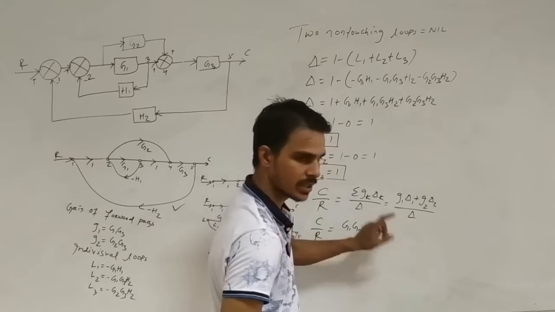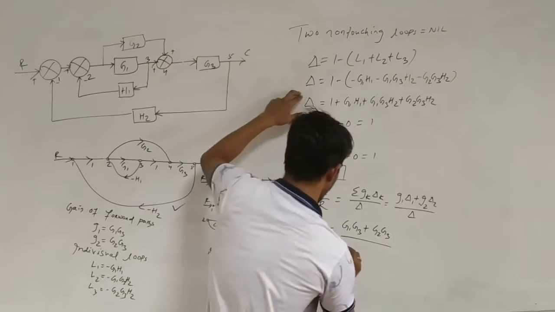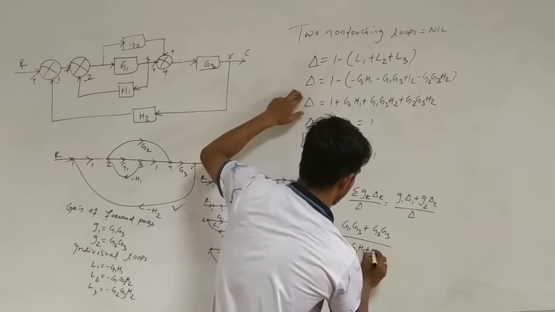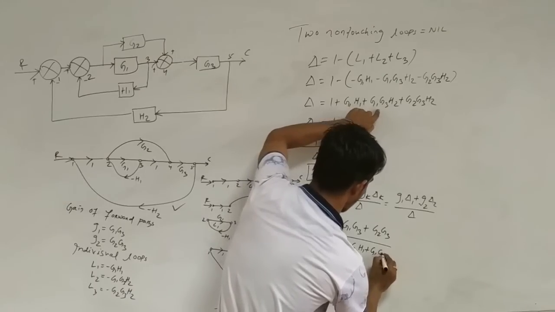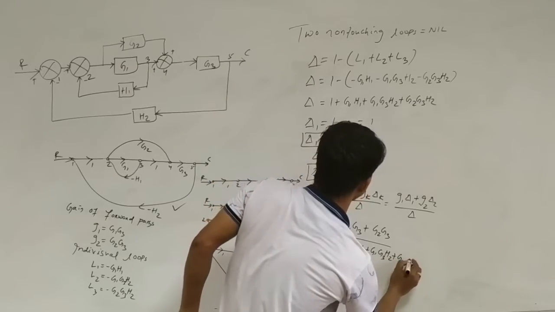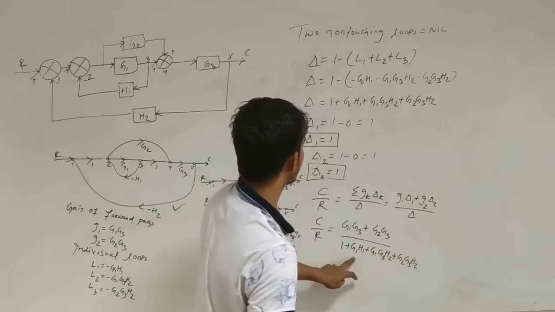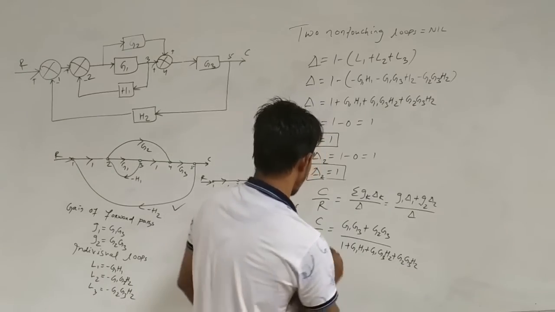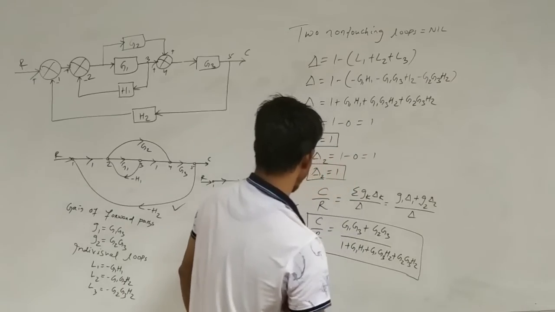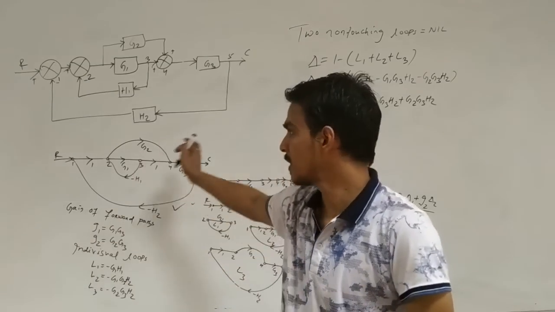So G2 G3 will remain as it is, divided by delta, which is 1 plus G1 H1 plus G1 G3 H2 plus G2 G3 H2. So this will be the transfer function of this signal flow graph which was converted from the block diagram.